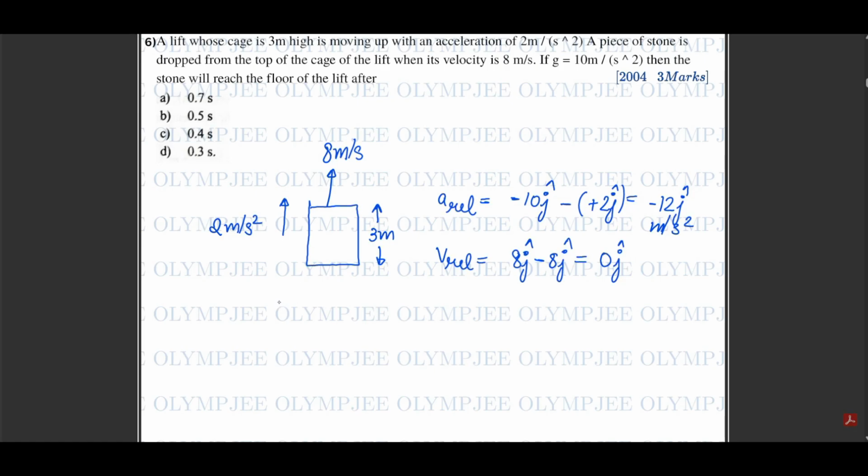So minus 3 j cap is equal to ut, where u relative is equal to 0, minus half a into t square. So t will be root of 1 by 2. And in NSEP you have a calculator, so you can calculate it as 0.7 seconds.